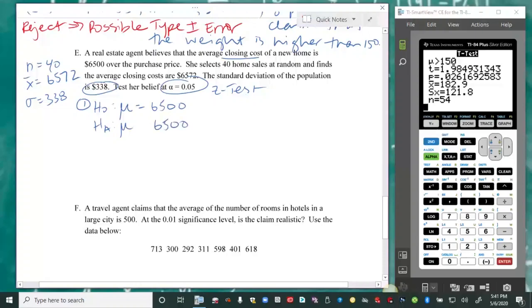Average closing costs, it's more, but it doesn't say that she thinks it's more. She thinks it is, so it either is or it isn't. This leads me to a two-tail test. So I'm going to split that 0.05 into significantly higher than or significantly lower than. Okay, so two-tail test.